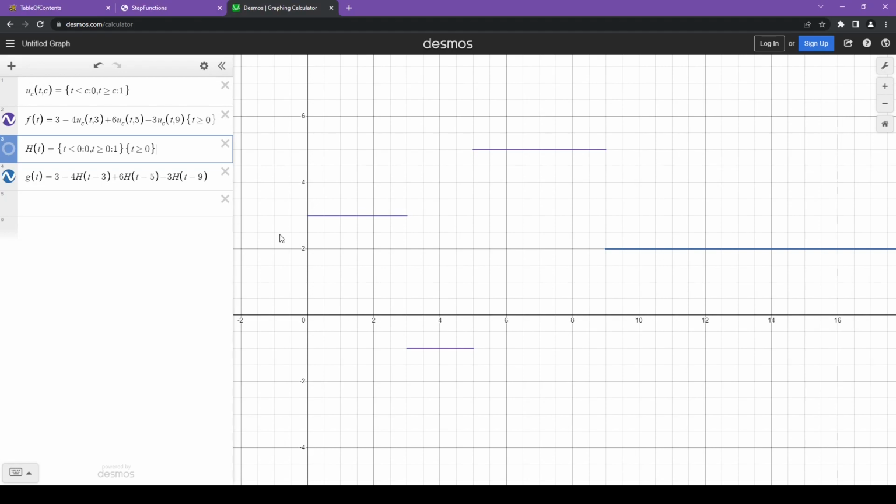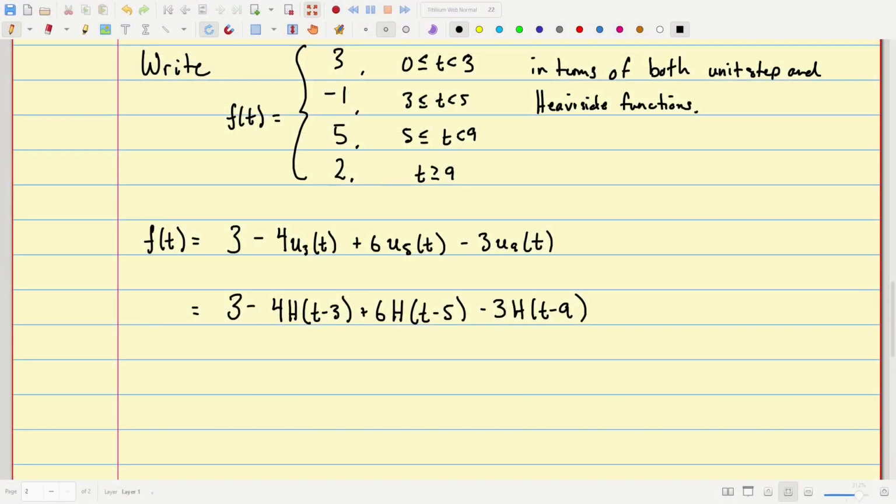Anyway, it all works. Okay. So when you are working with discontinuous functions, this is the language in which we write it.